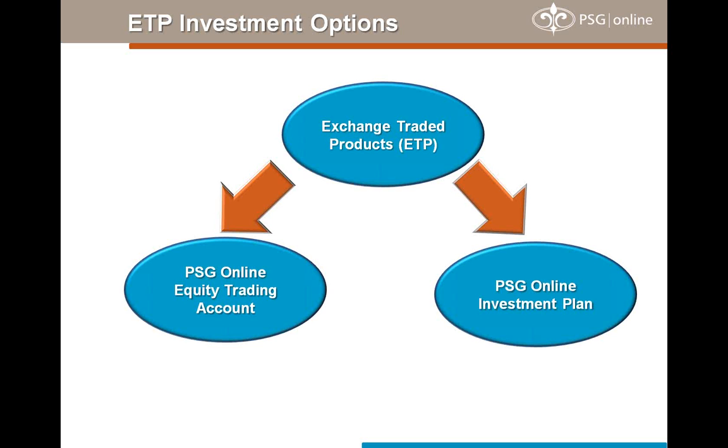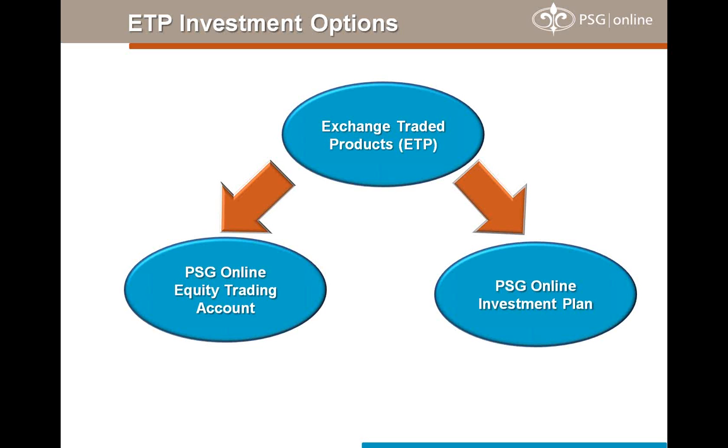On the equity account you can't have a debit order, so this is for someone who can put a minimum of 300 Rand a month away. I personally use it for my children's education, so I'm using it as a long-term product. You can also invest lump sums into the investment plan.